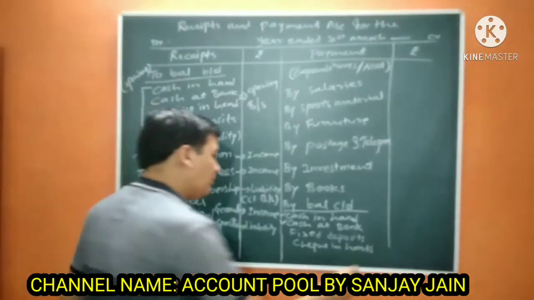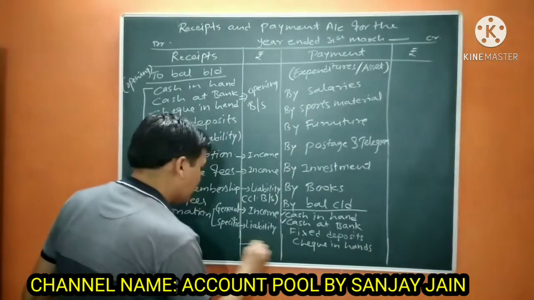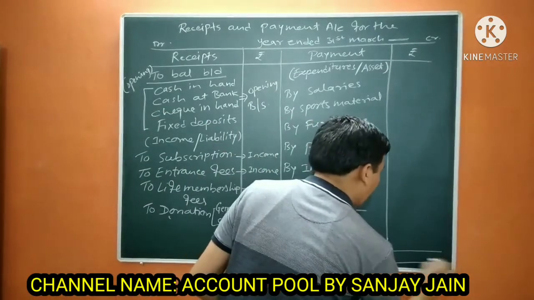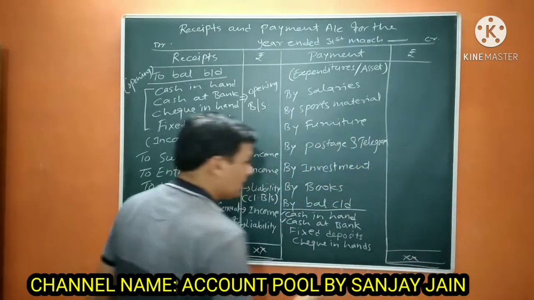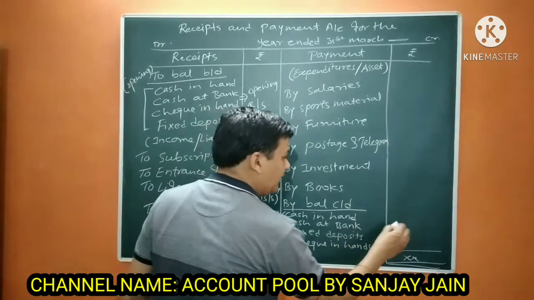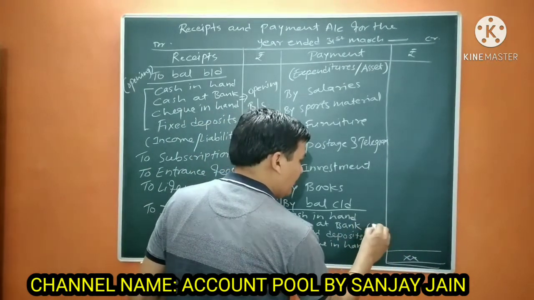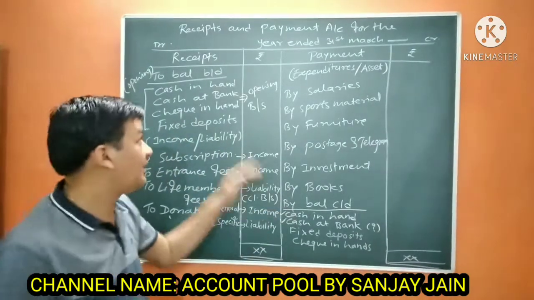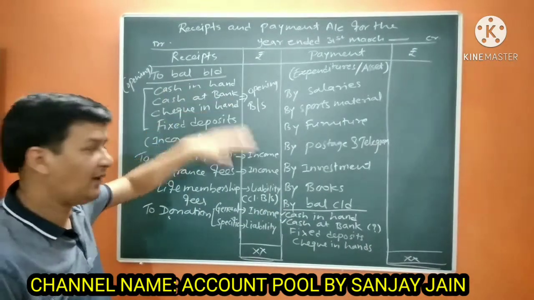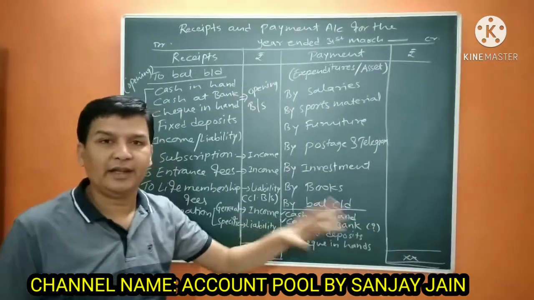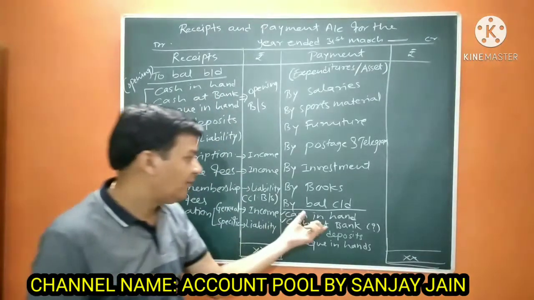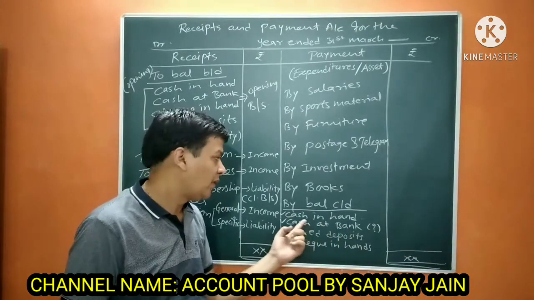We can include these things in balances. Okay, so you should remember, whenever we are going to find out the balance, we are going to find out any one out of this. Okay, we generally find out cash at bank, but if there is no balance in cash at bank, then we go for cash in hand. The closing balance of this receipt and payment will be either cash in bank or cash in hand.